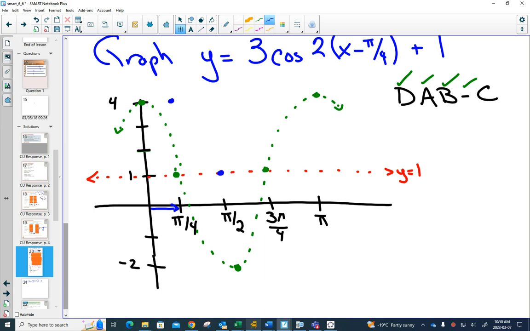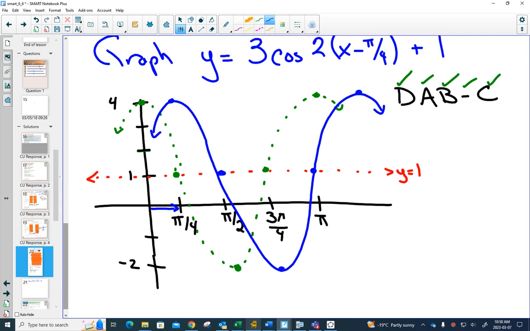I take this point and move it over. This one, move it over 1. This one, I move it over 1. And this one, I move it over 1. That is the C value.